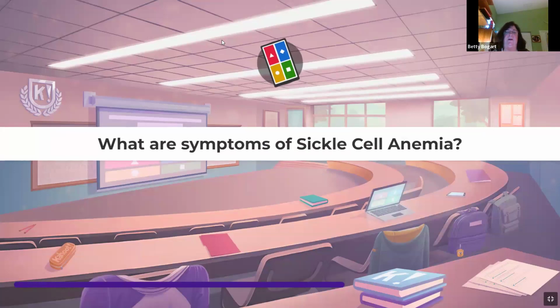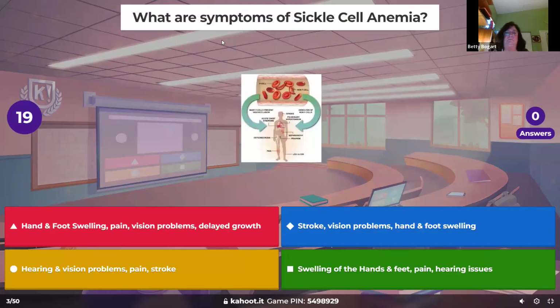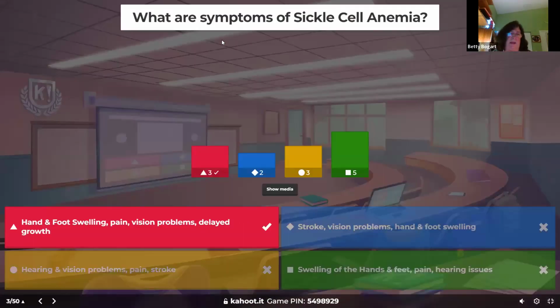What are symptoms of sickle cell anemia? So if anything, it is swelling and then pain. And then if we keep going on, of course, they're not going to have the growth that they do need.